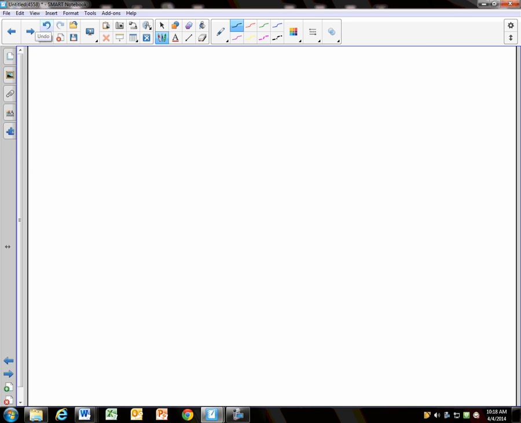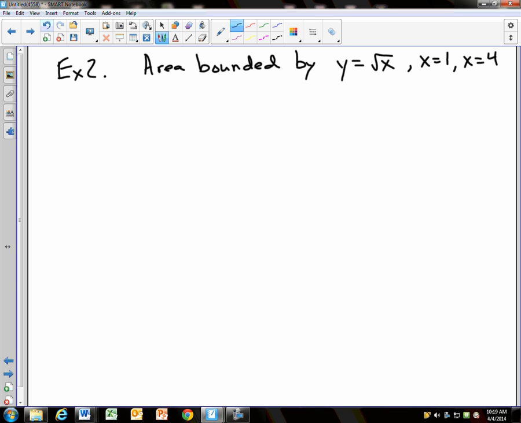All right, let's try this one then. Let's do the area bounded by y equals the root of x, x equals 1, x equals 4, and y equals 1, rotated around y equals -1.